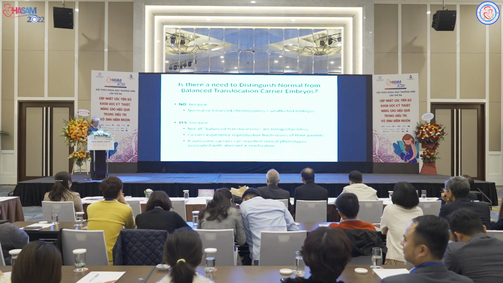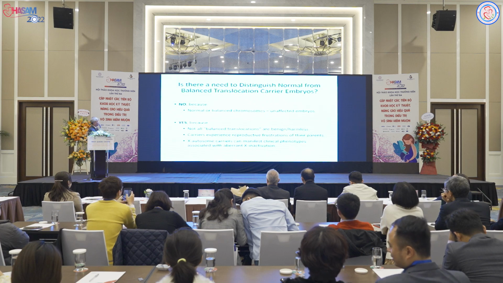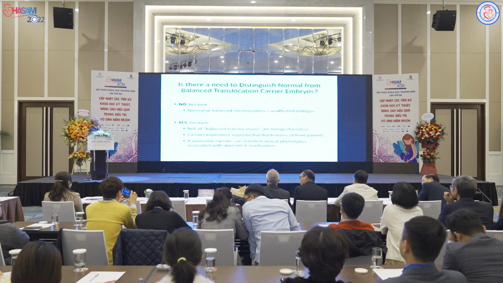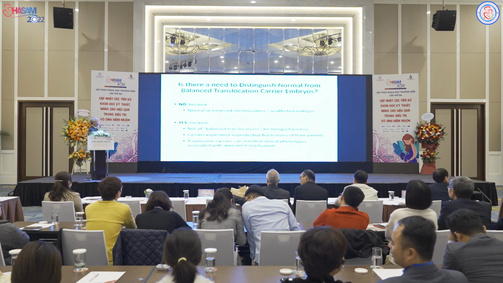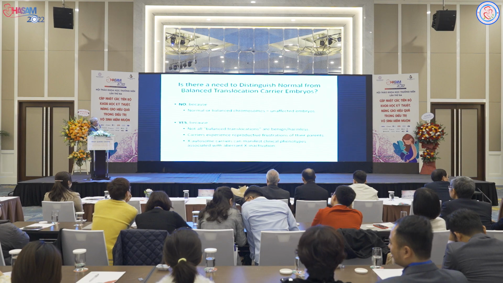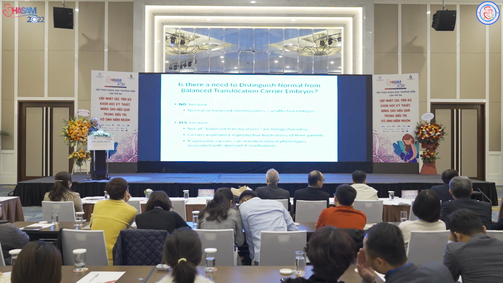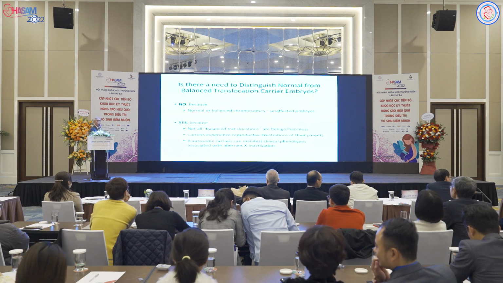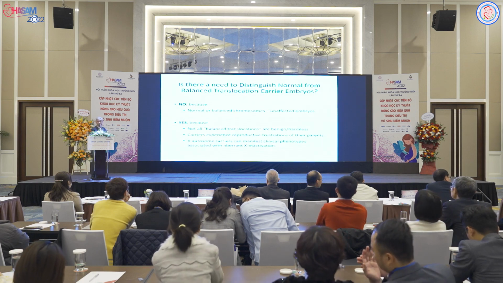Okay, so I want to end by just this question. So why is there a need to distinguish normal from balanced translocation carriers? Well, those who say no, they say it because they feel that normal or balanced chromosomes is okay because these are all clinically unaffected embryos.